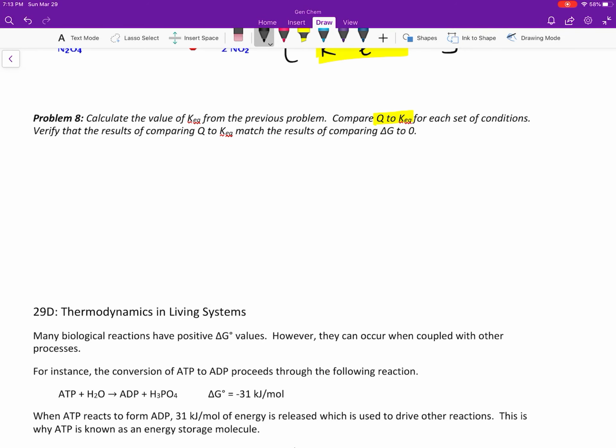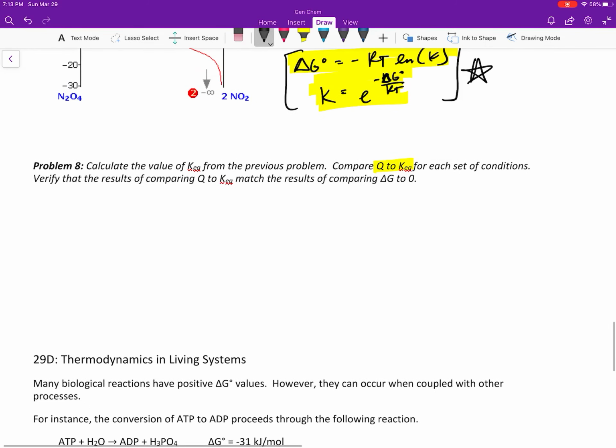So we have K equals e to the negative delta G naught of the reaction divided by R times T. In this case, I'm going to plug in e to the negative 13.6 times 1,000, because I need it to be in joules, and it was in kilojoules.